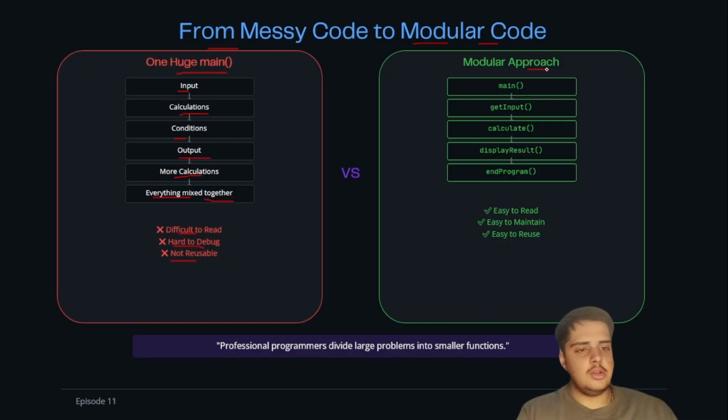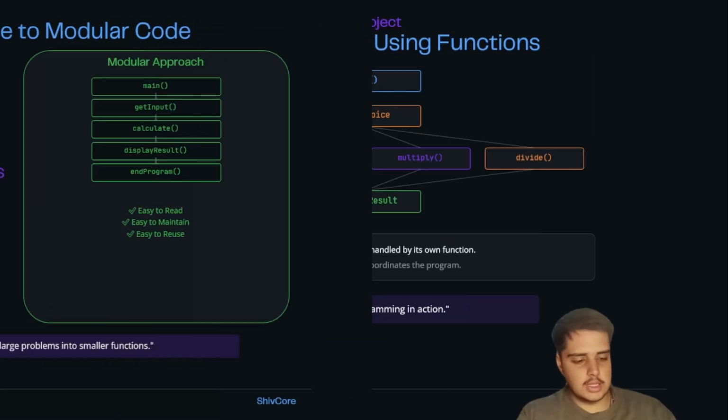Whereas in the modular approach, we have main, a function to get input, a function to calculate, a function to display the result, and a function to end the program also, which is easy to read, easy to maintain, and easy to reuse. So professional programmers divide large problems into smaller functions.